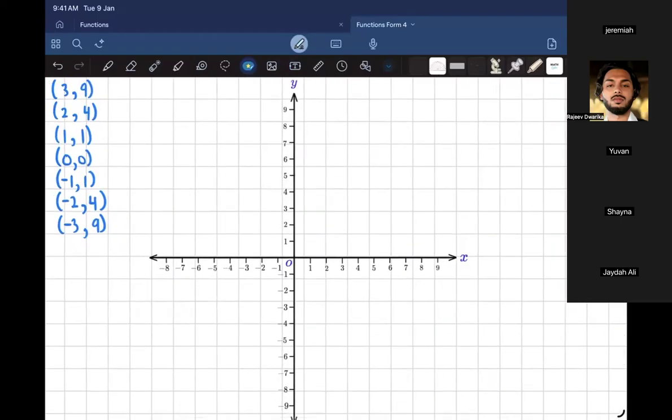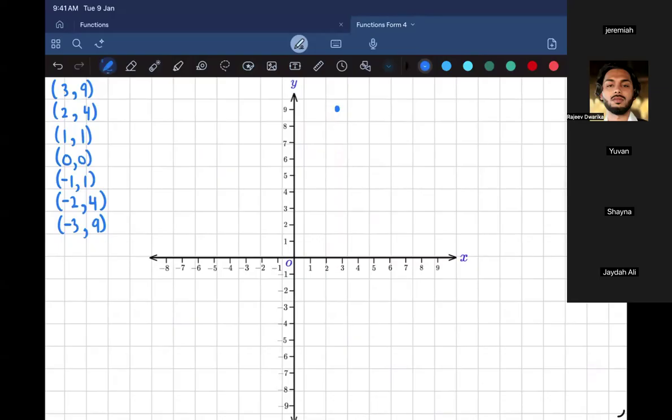Yvonne, start us off. Where would 3, comma 9 be? You're going to have to move horizontally 3 to the right, and then up 9. Right. So 3, 9 is going to be over here. Yeah? So that's the first point.